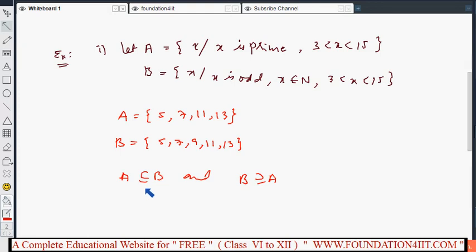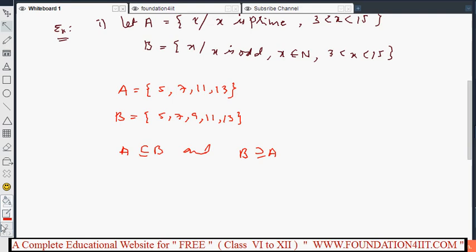One more example. Let C be the set of X such that X is equal to 3n, where n belongs to the natural numbers.